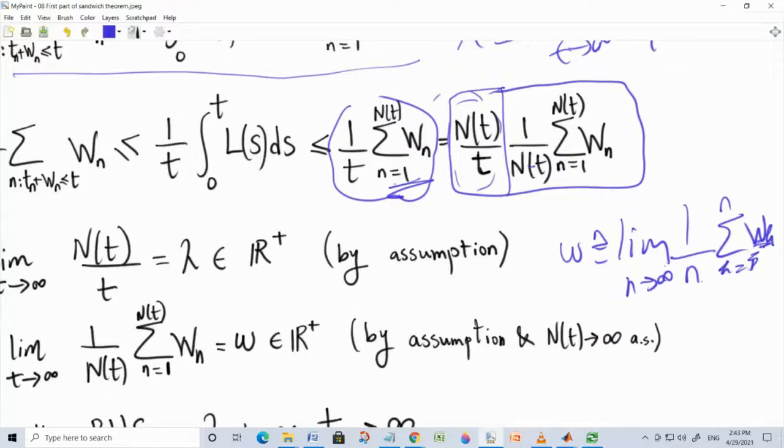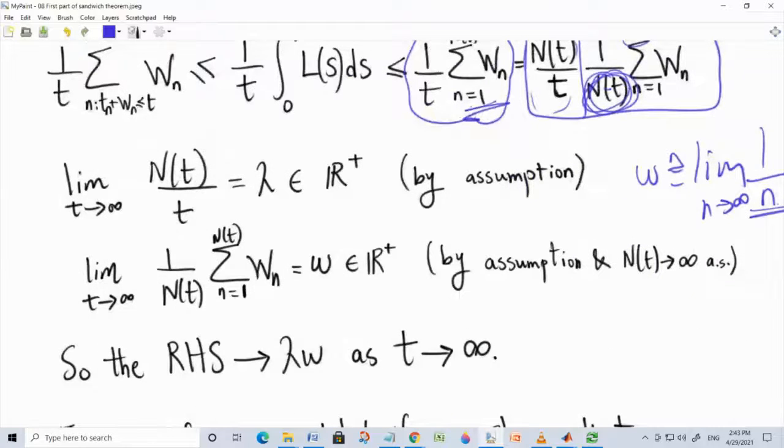Okay, so here again, since the arrival process is a counting process that is growing to infinity, then as we defined, this thing will converge to W. Also, if you replace small n by big N of t, it will also converge to W by assumption, and by the fact that N of t, like what we did in renewal processes, converges to infinity almost surely.